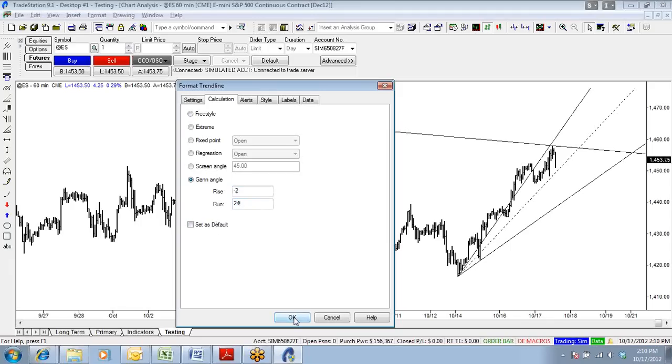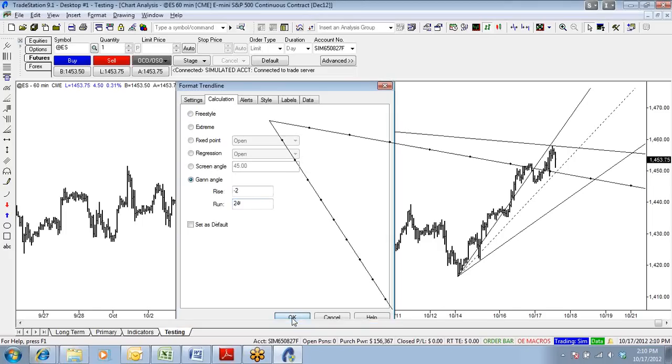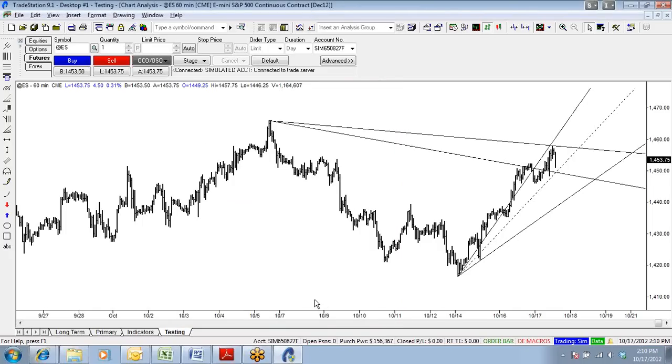Again, this is the same as the negative of the 2 by 1. I just use 24 for the run because we're on an hourly chart. So that's where I am, and you can see the recent high here was pretty much bounded by these angles. Now, one thing I know with some software and other ways, say a peak on a Friday. Friday on the futures anyway, you're short a bar, right?